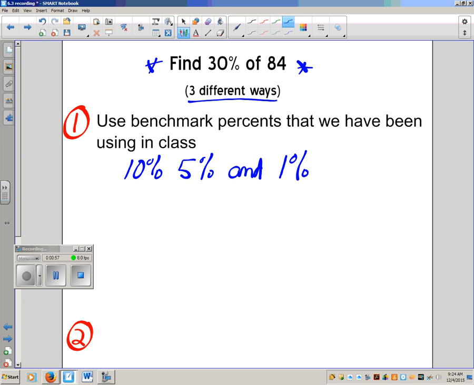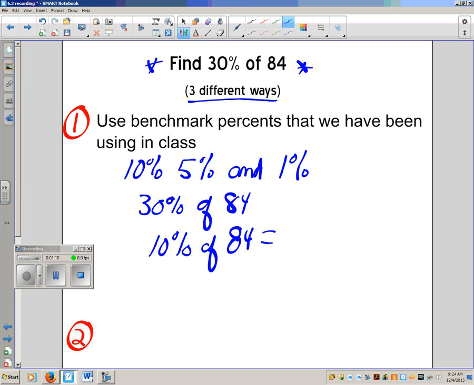So if we're going to find 30% of 84, first find 10% of 84, and that equals, move the decimal one time to the left, 8.4.